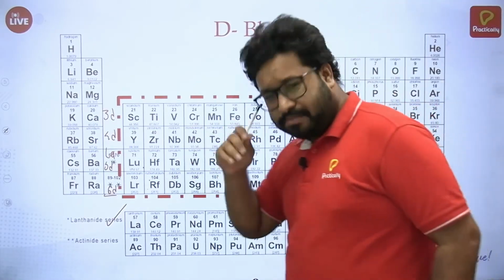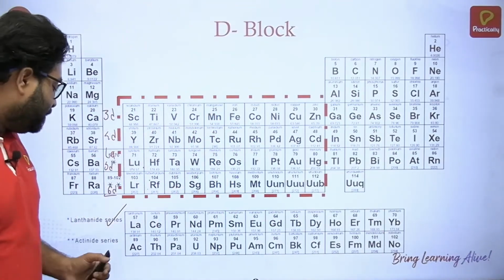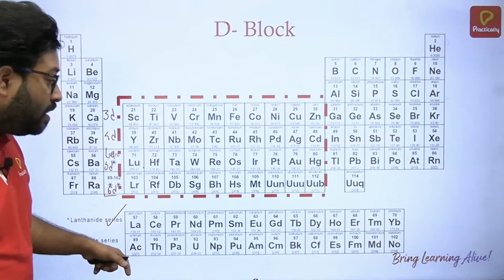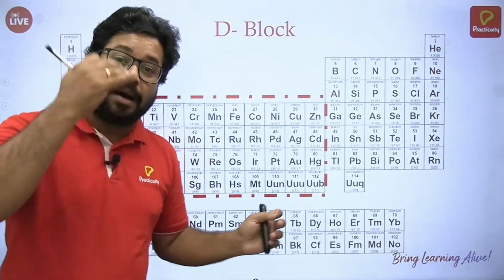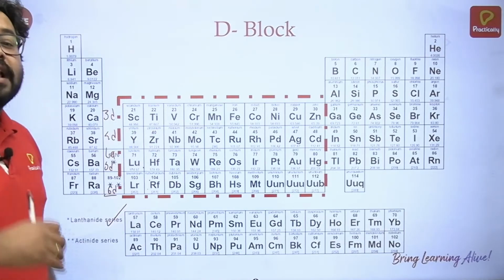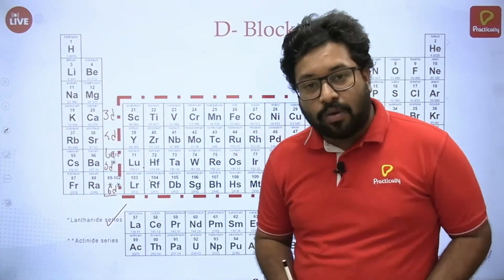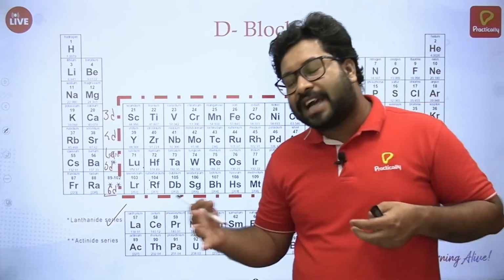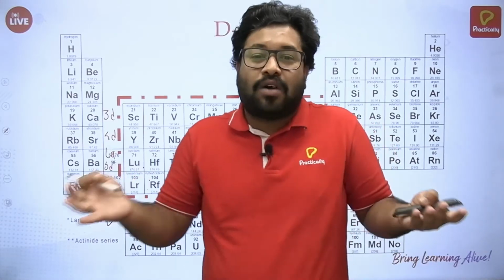Similarly for the actinide elements, it starts from actinium, 89, and from 89 to nobelium, 102, you have F block elements. After that, from 103 your 6D transition series starts again, and that is how D block and F block elements are presented.